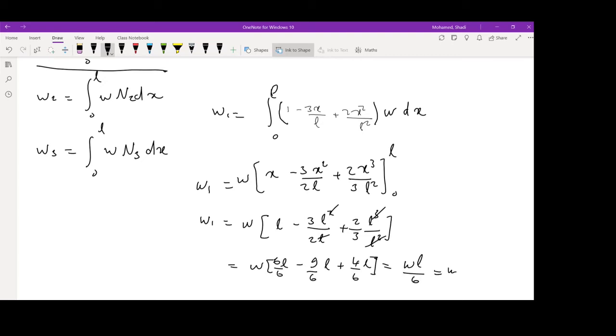So the value of the load you have at the first node is WL over 6.